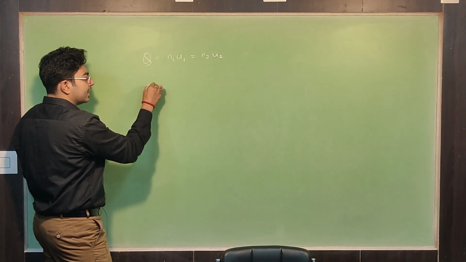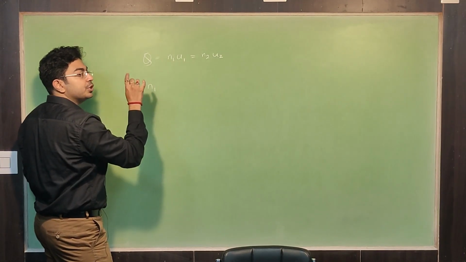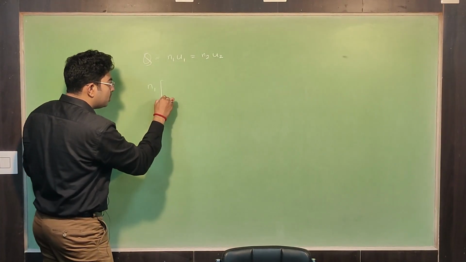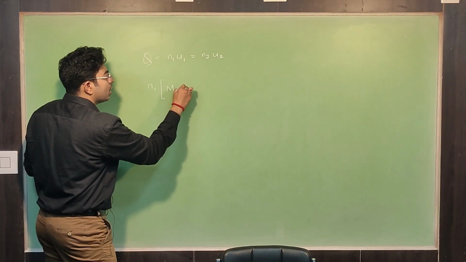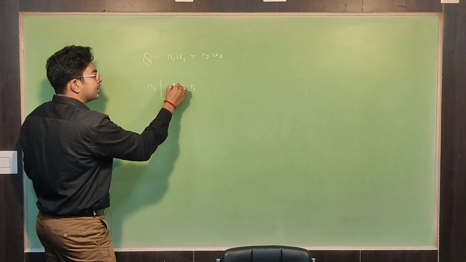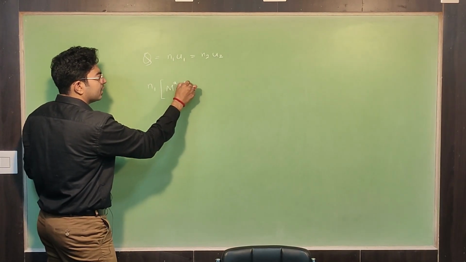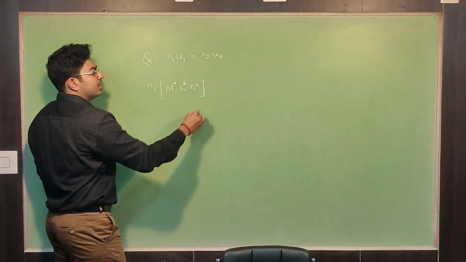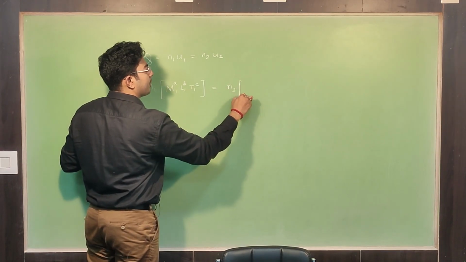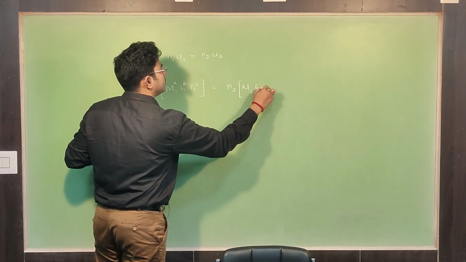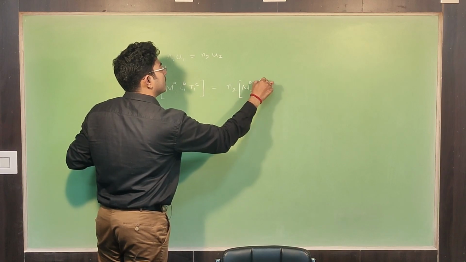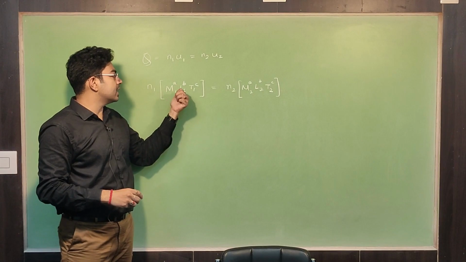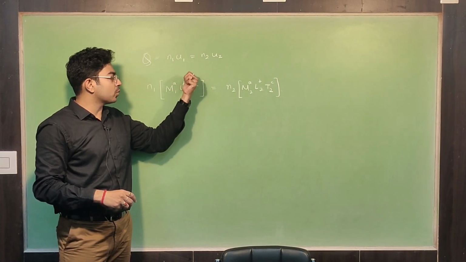You have to equate N1. What is U1? U1 is a standard unit of a given quantity. So you have to write the dimension of that quantity. It can be like M1, L1, T1, so N2 M2, L2, T2. See, we don't know what the power of M, L, T is.